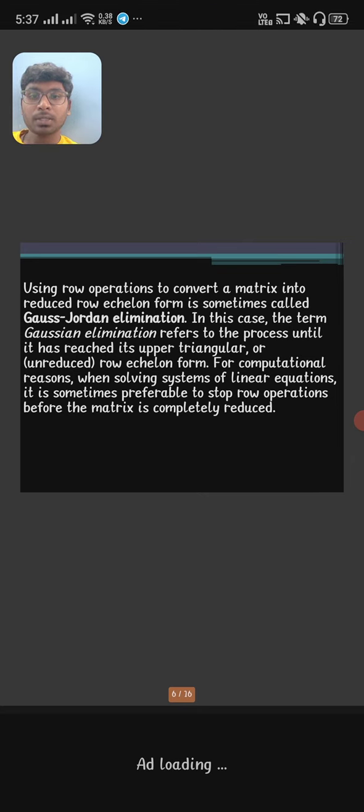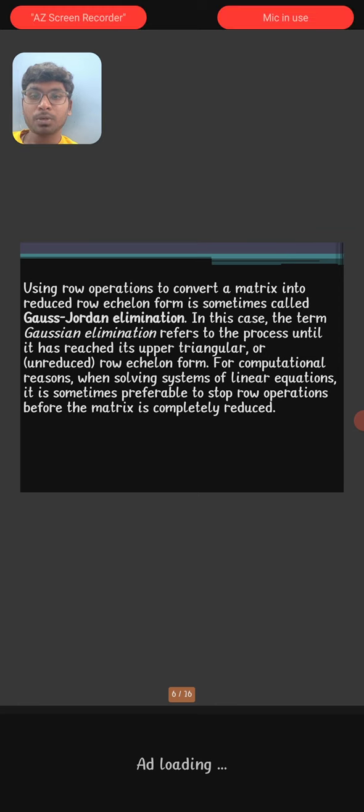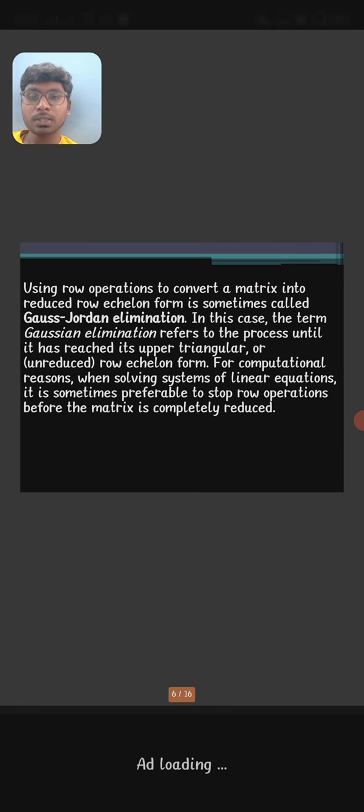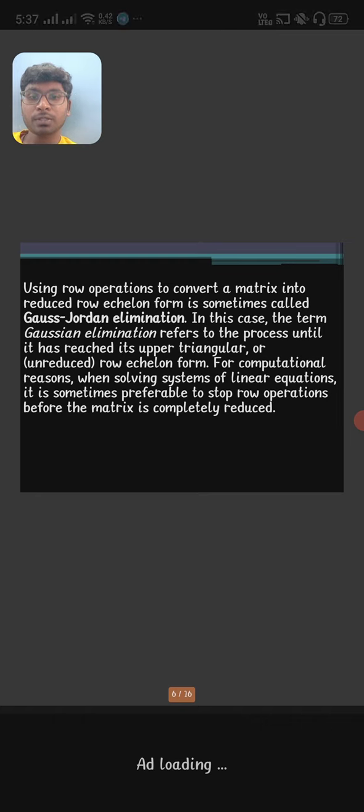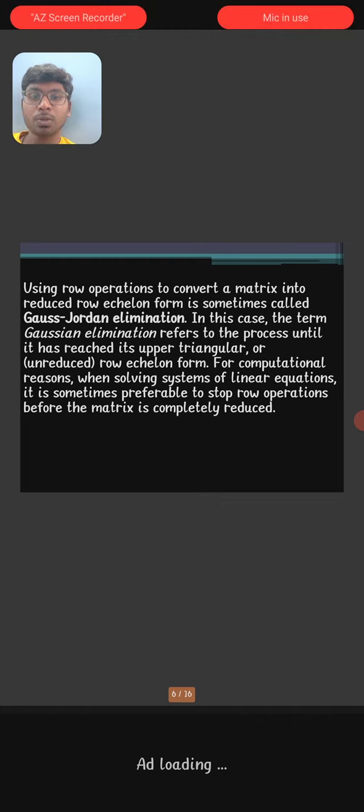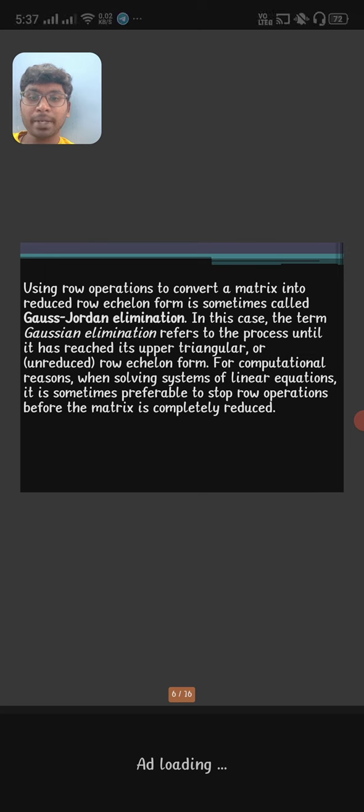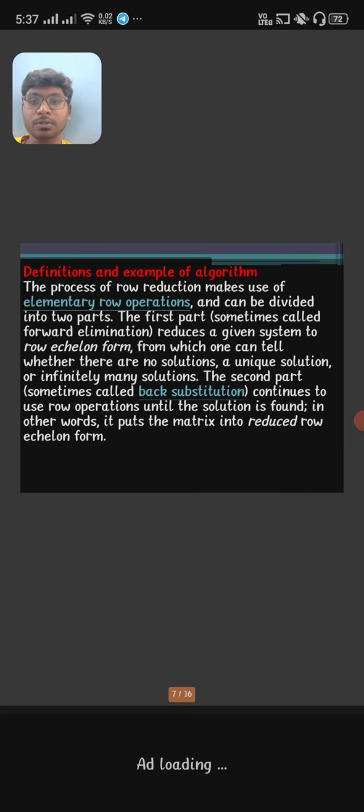In this case, the term Gaussian elimination refers to the process until it has reached its upper triangular, or unreduced, row echelon form. For computational reasons, when solving systems of linear equations, it is sometimes preferable to stop row operations before the matrix is completely reduced.